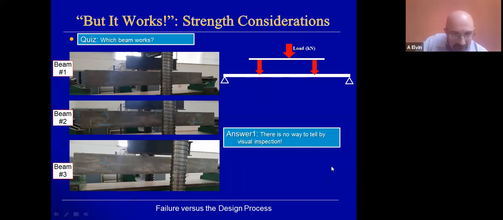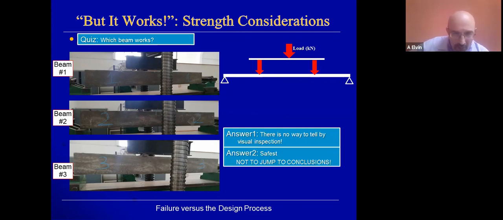There's no way to tell by visual inspection which beam has failed and which beam has not. I think you have to be there. You don't have to be there. All the data is in front of you. Let's look further. Answer 2: safest not to jump to conclusion, but it works. Remember, it looks like it's working. Visible deflection 0.